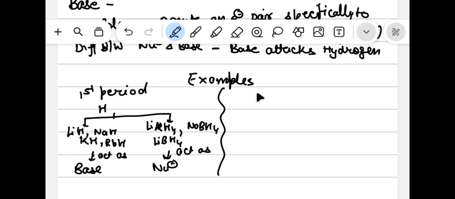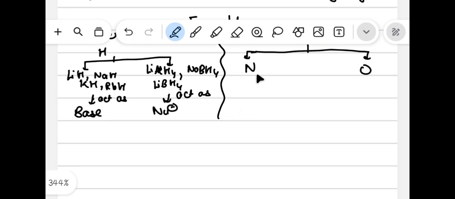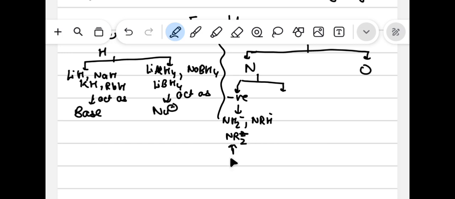Now coming to the second period. In the second period we have majorly two types of elements which we have to study. First is nitrogen, second is oxygen. For nitrogen, if there is a compound in which nitrogen is carrying a negative charge, for example NH2-, NRH-, where R is the alkyl group, NR2-, then it will act as a base.